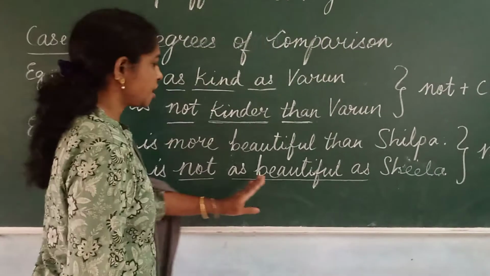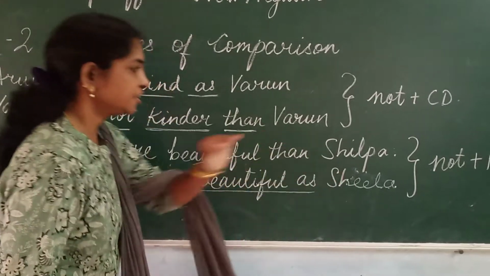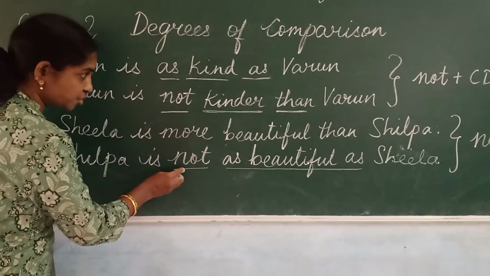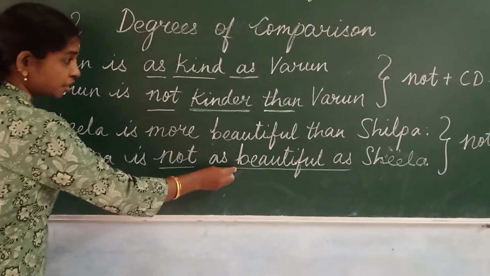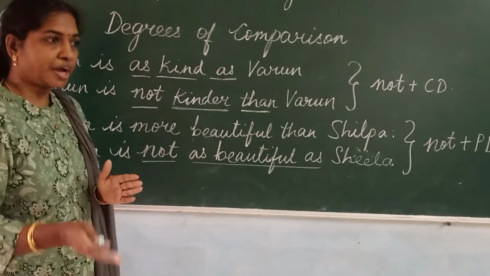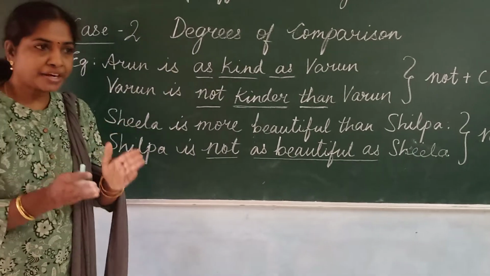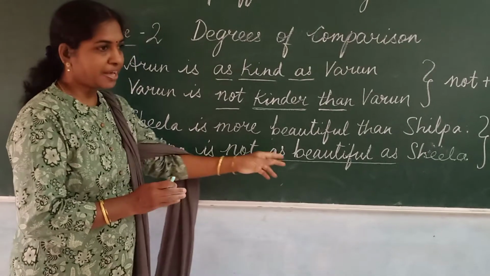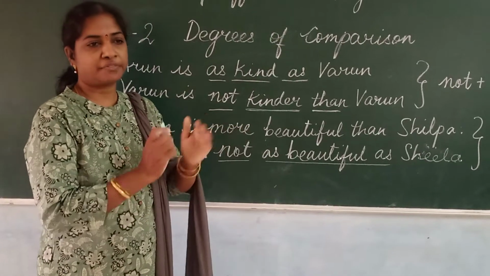So what did I do here? I have used not and I have used the positive degree. So when we convert a comparative degree sentence to negative, we use not plus positive degree to convert it into a negative sentence.